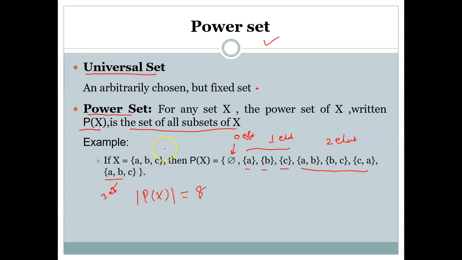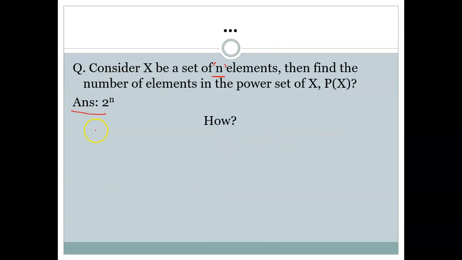Now whenever we construct the power set for any set, you have to consider the subsets with zero elements, subsets with one element, subsets with two elements, subsets with three elements, and so on and so forth, and finally the subset with n elements. That means if we think about how it comes, when you have to choose out of n elements, suppose X is having n elements, x1, x2 and xn.